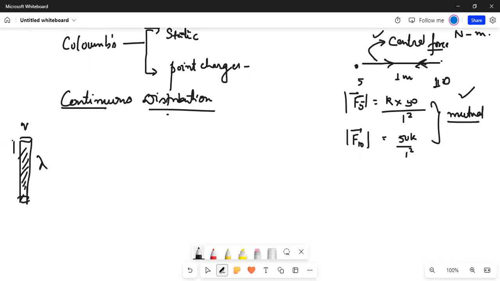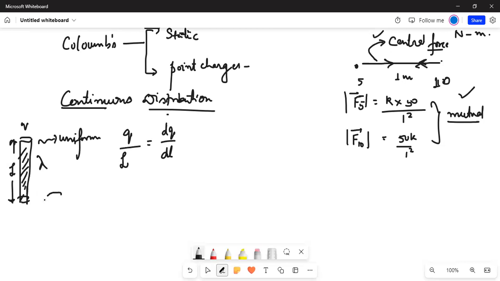Let's say this charge is distributed over length L, and the distribution is uniform. What do you mean by uniform distribution? Uniform distribution means total charge divided by total length, or you take an infinitesimally small charge divided by an infinitesimally small length. Basically, what does it mean?